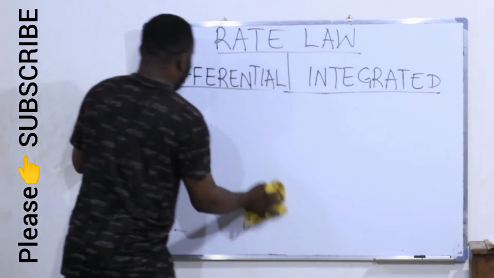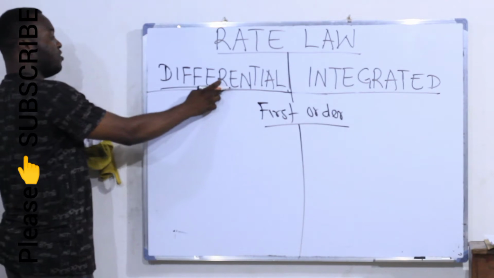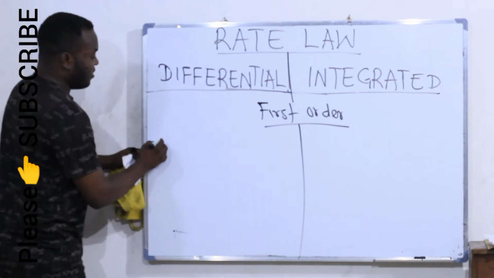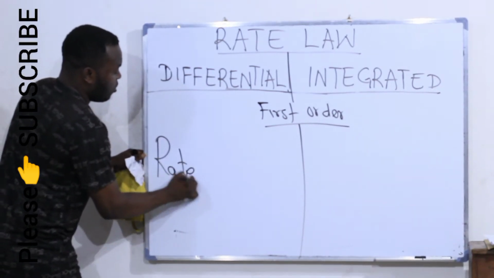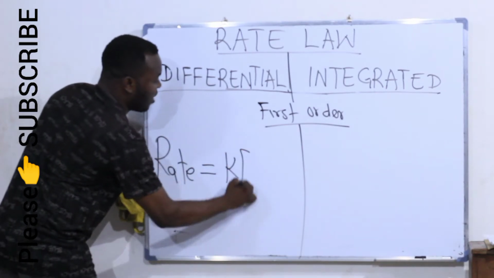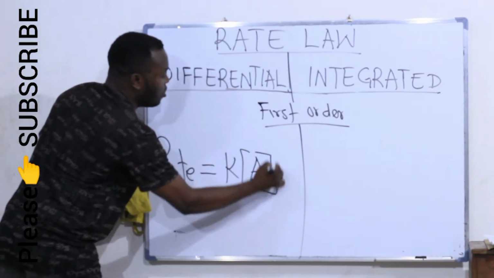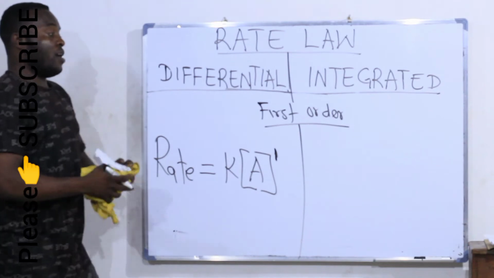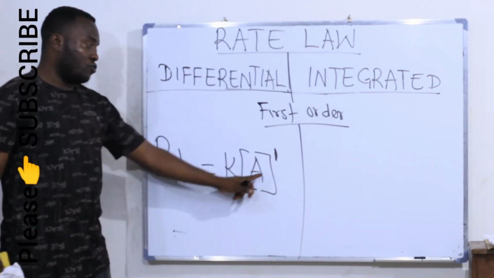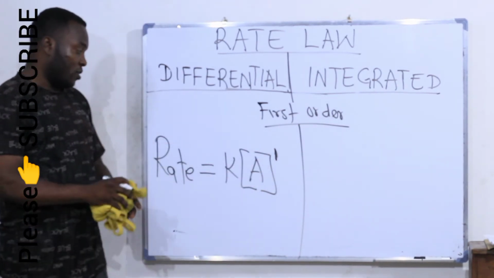Now let's go to first order. The differential rate law equation says that rate is equal to rate constant times concentration raised to power 1. Remember, first order, so the concentration is raised to the power of 1.